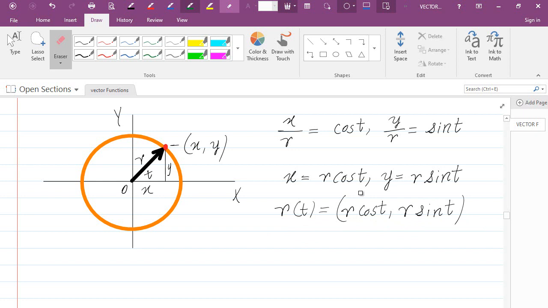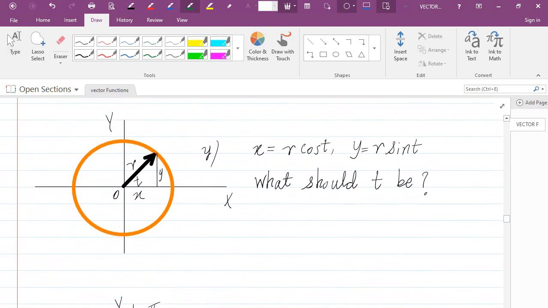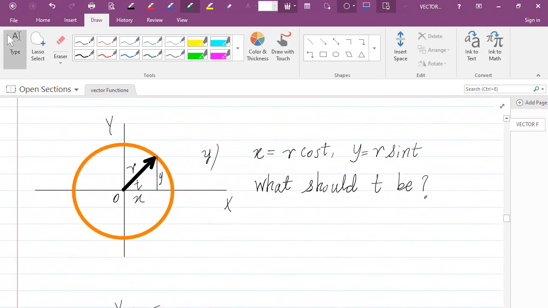We were able to express x and y as functions of a parameter t, which in this case is this angle here. Now, the question then is, what should t be? What is the range of values for t that we should be taking?